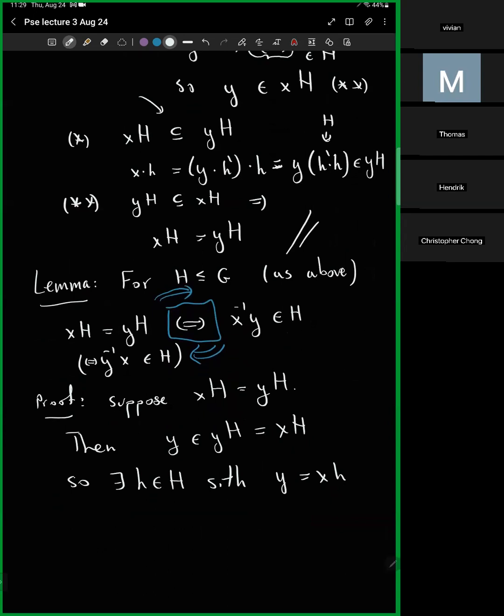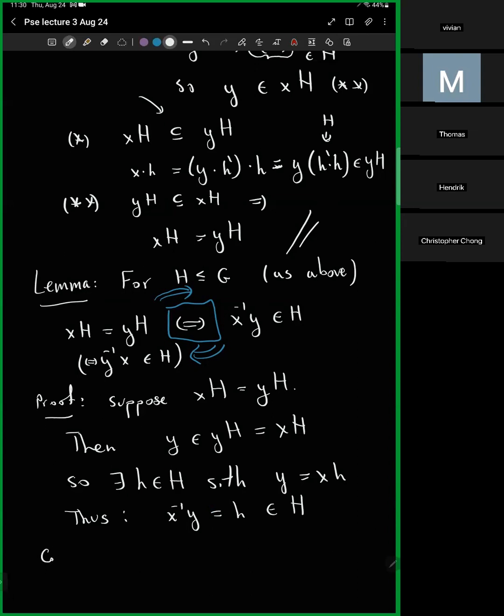But then I can multiply this equation by x^-1, and I get that x^-1 y is h, which is an element in H. So this is the easy direction.